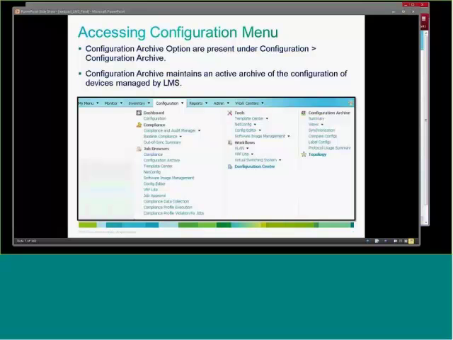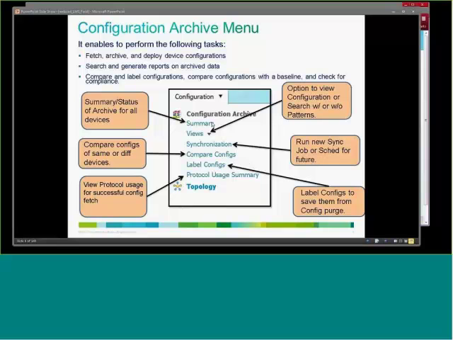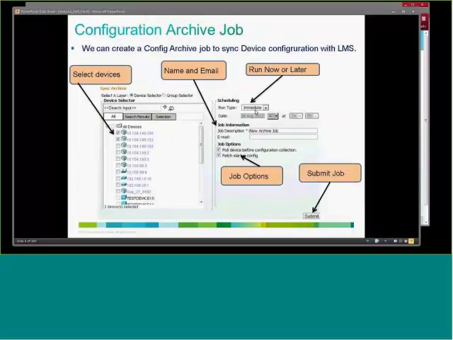We can see in this slide we have options for configurations like summary, viewing the views, synchronization, compare config, label config, and protocol usage. We can create configuration archive job to sync device configuration in LMS.